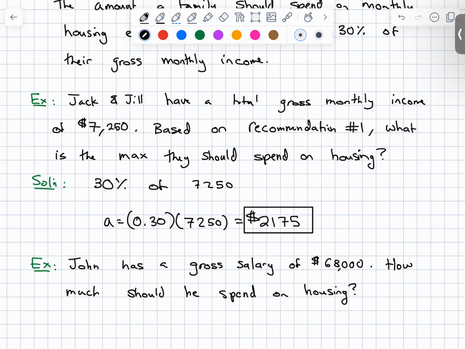I'm just trying to shorten the verbiage so we don't have to write "based on housing recommendation number 1." Do you see the big difference? The previous one gave you their monthly gross income, whereas this gives you his gross salary, his yearly salary.